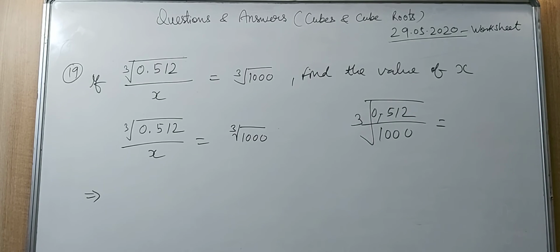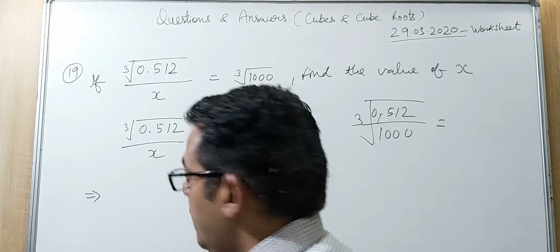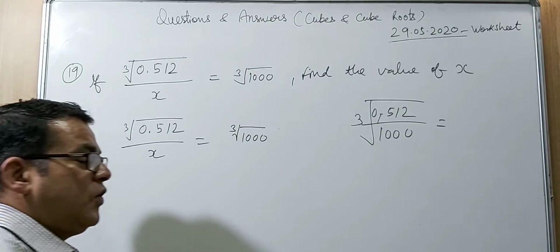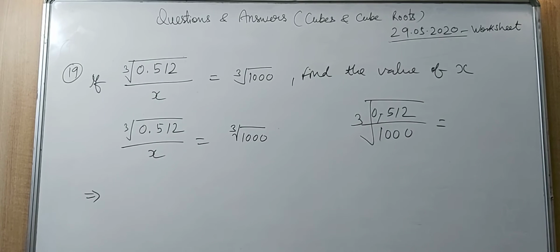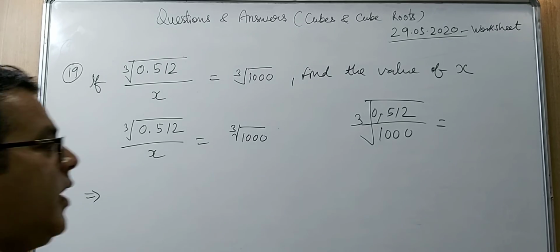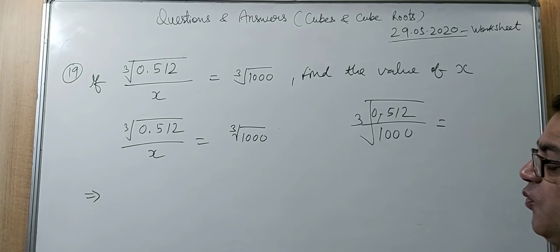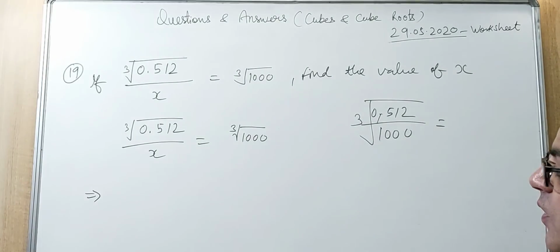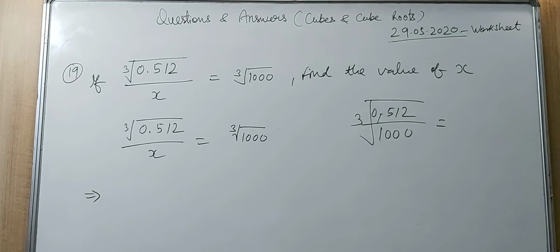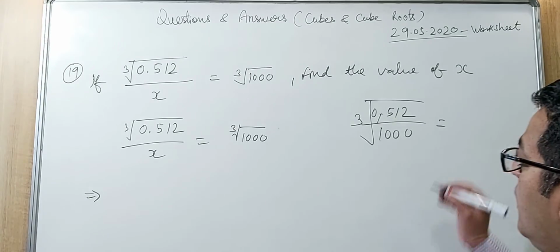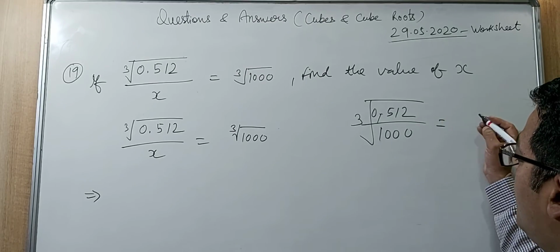Now we know, what is the cube root of 512? If you multiply 8 three times, we have 512. We know that the cube of 8 is 512, so the cube root of 512 is 8.